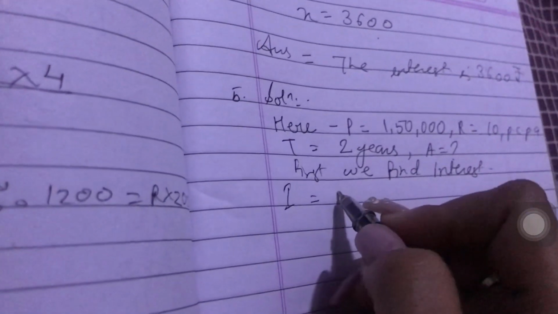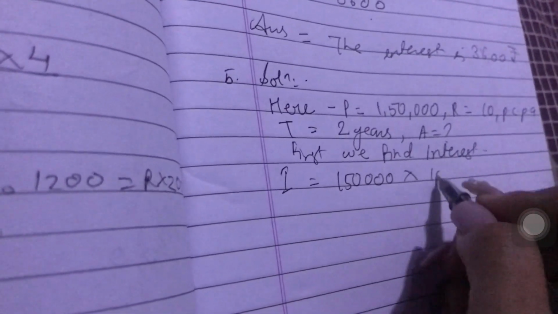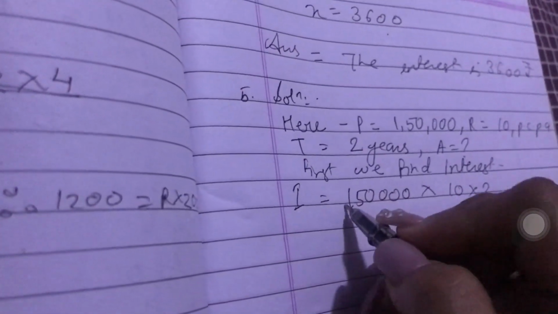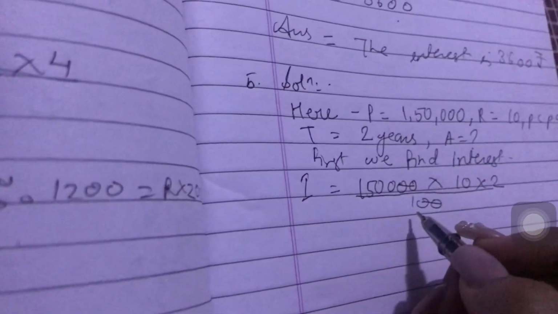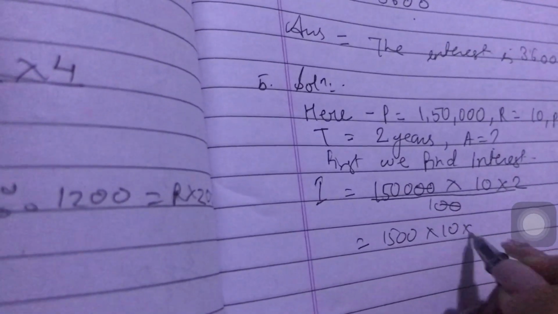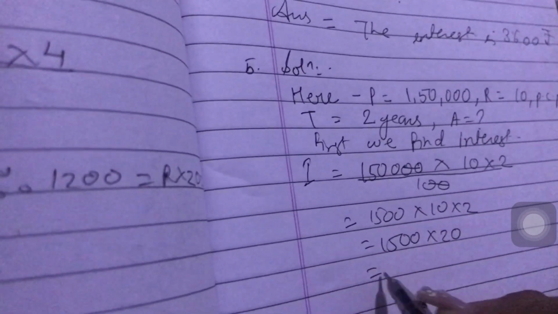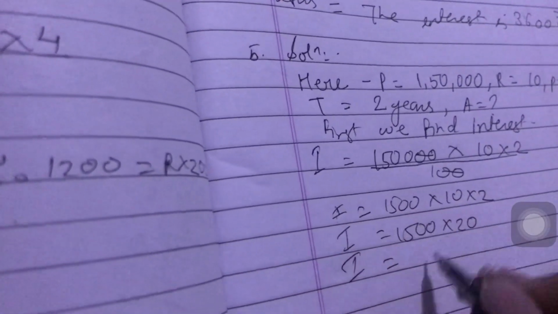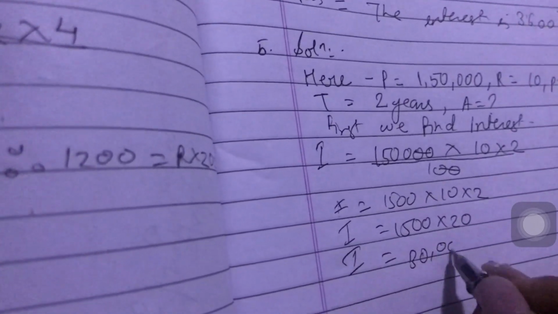Okay, I'm not writing the formula. 100 cancelled, then 1500 into 10 into 2, 1500 into 20. How much? 1500 into 20 is 30,000.